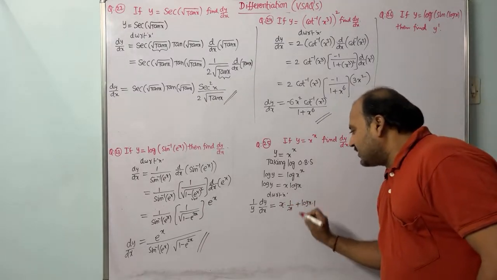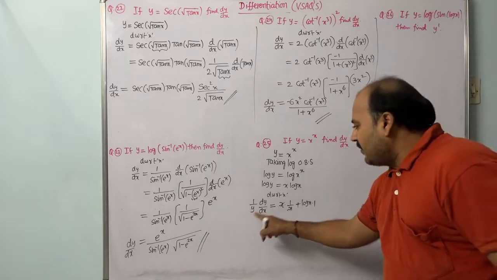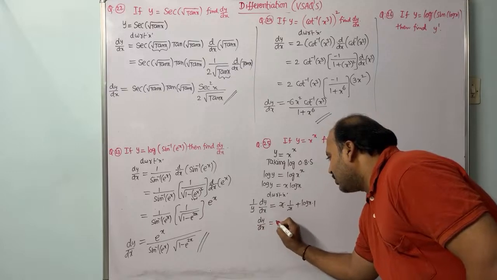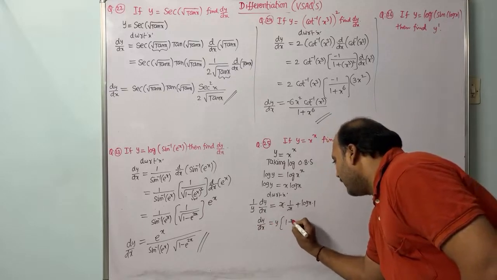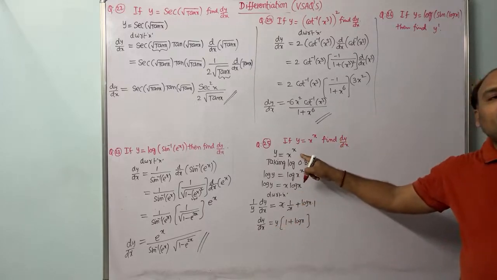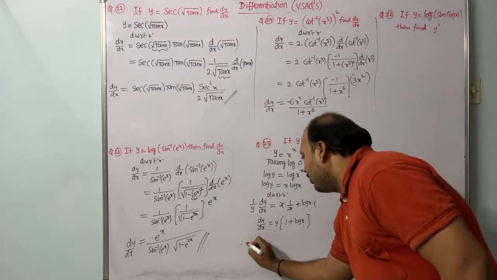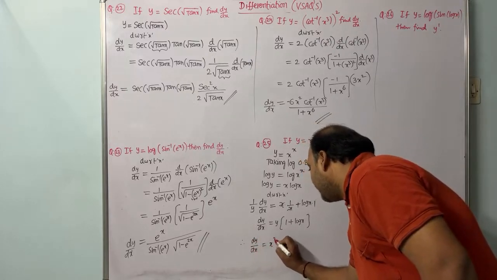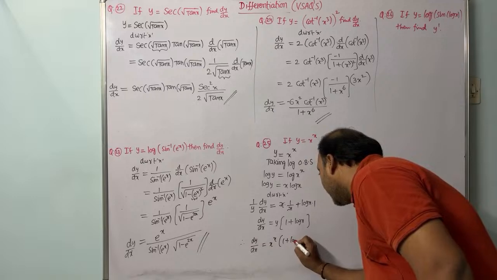So here x gets cancelled. I want dy by dx, so y will come to this side. So dy by dx is equal to y into 1 plus log x. What is y value? Y is given as x power x. Therefore, dy by dx is equal to x power x into 1 plus log x.